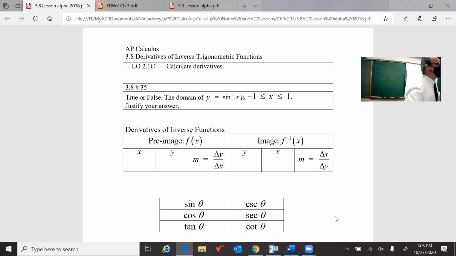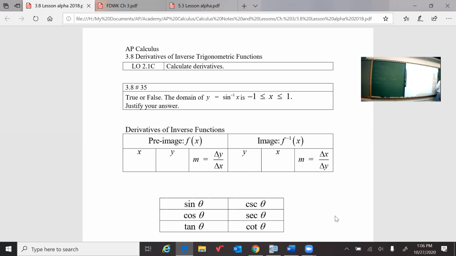It is true. Why? Because when you take the inverse function, which is what this is, x goes to y, y goes to x. Domain goes to range, range goes to domain. So for this problem, for y equals sine x, the restricted domain is -pi/2 to pi/2.